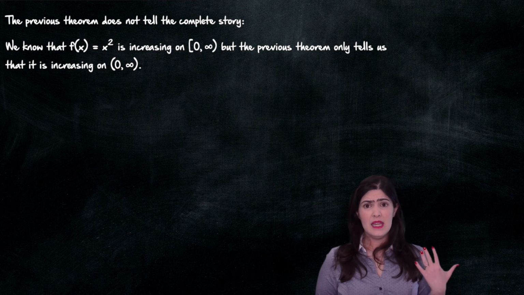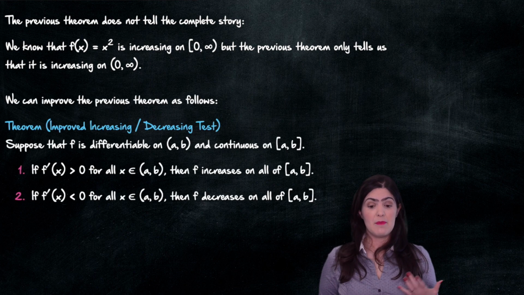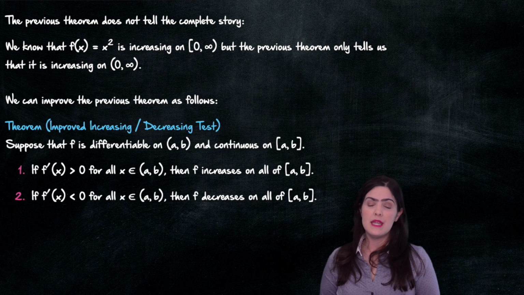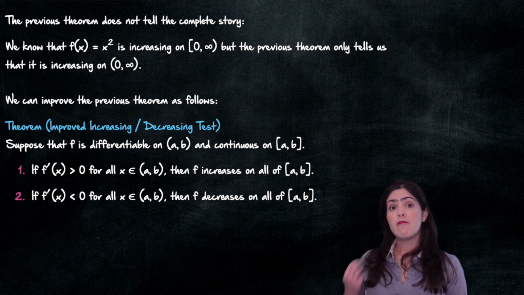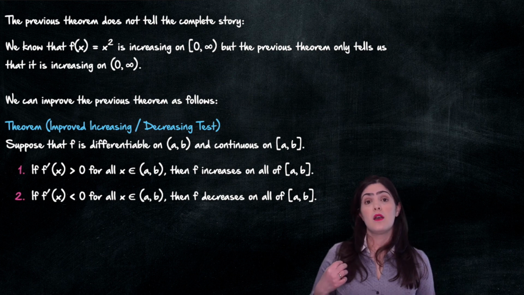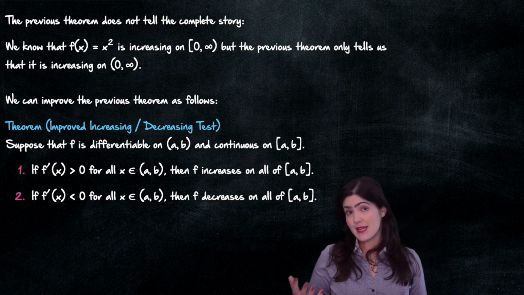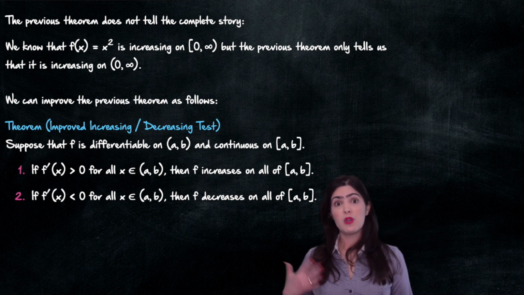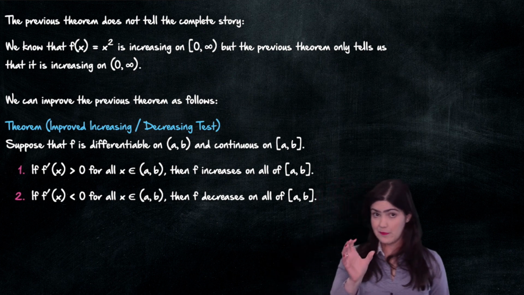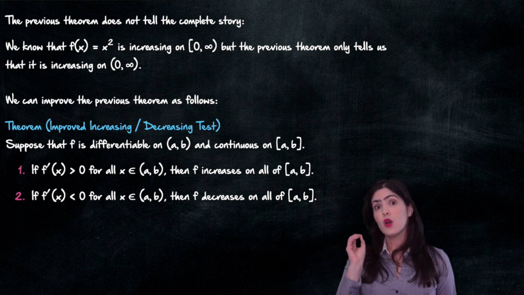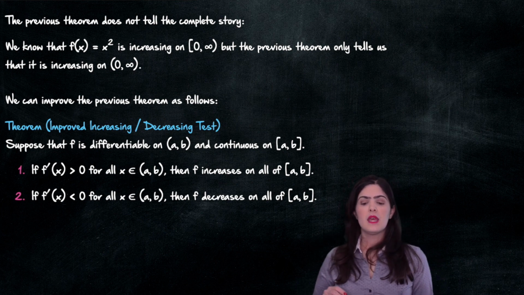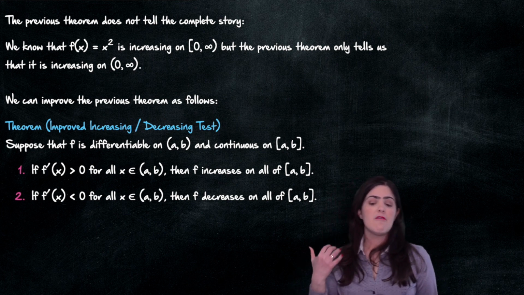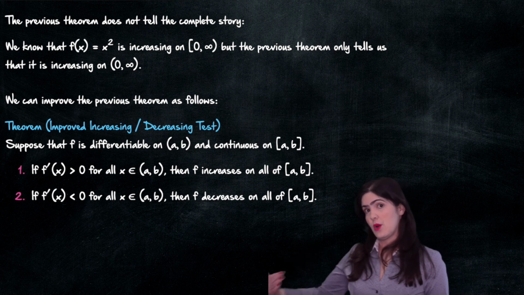We would like to extend this a bit more, so we can improve this by adding an extra condition. If I know that my function is differentiable and has positive derivative for all points x in the open interval, and in addition I also know that my function is continuous in the closed interval, then my function is increasing in that closed interval.